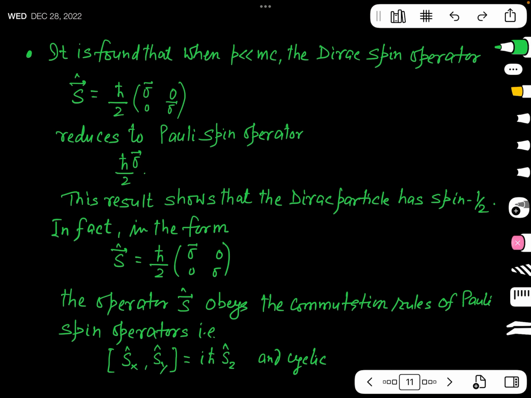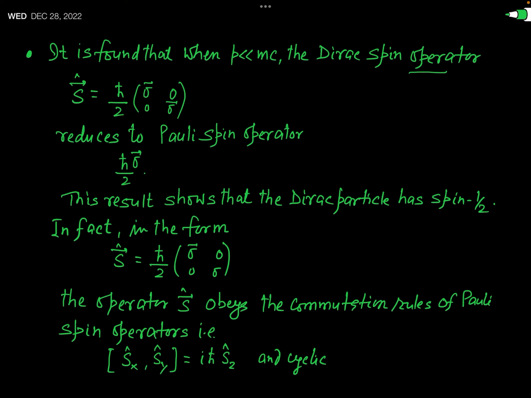So first of all, we get a strong theoretical foundation of this idea of spin from Dirac's theory. It was proposed by Uhlenbeck and Goudsmit just as a hypothesis, confirmed by experiment in the Stern-Gerlach experiment, but there was no theory to prove the existence of spin of the electron or other particles.